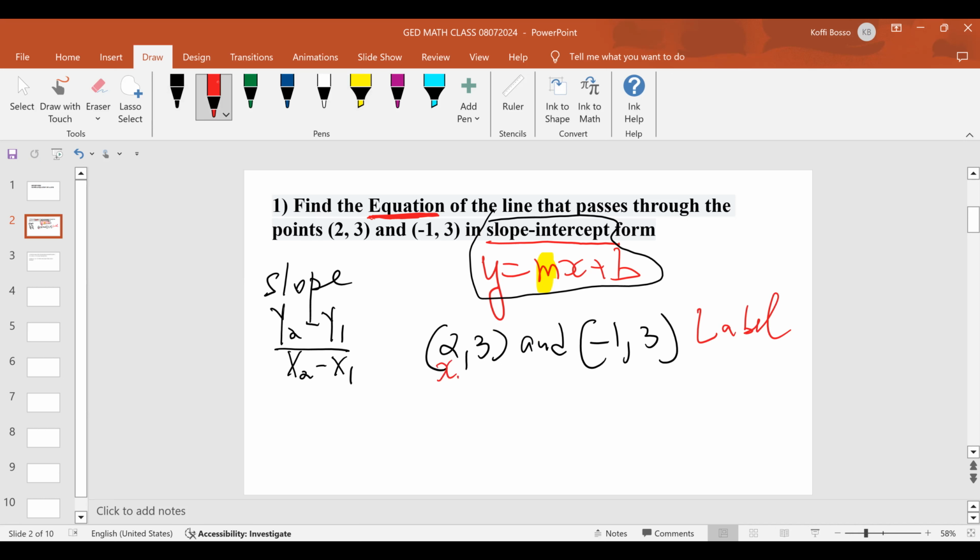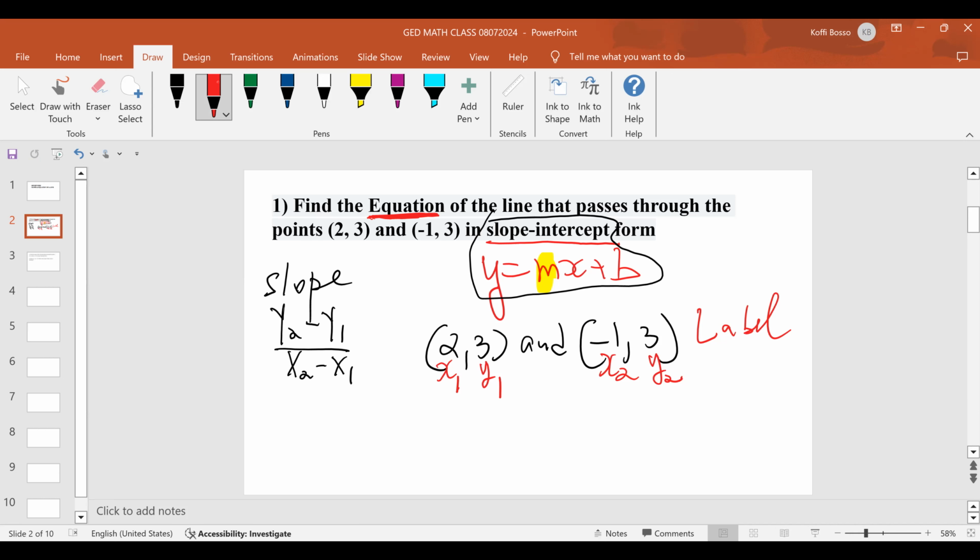So if this is x1, we're going to have a y1 for the 3. For the other point, we have x2 and y2. The 3 represents the y coordinate of the first point. Same thing for the other point. So x2 is the x coordinate of the second point. So the 2 is the second point, the 1 is the first point.